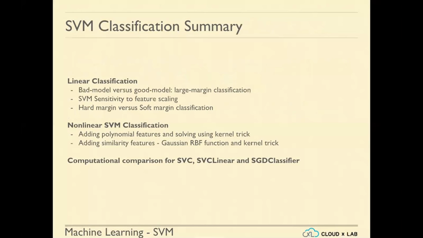So what we learned in SVM classification: we learned linear classification in the beginning, bad model versus good model based on generalization. That's where we came up with the idea called large margin classification.